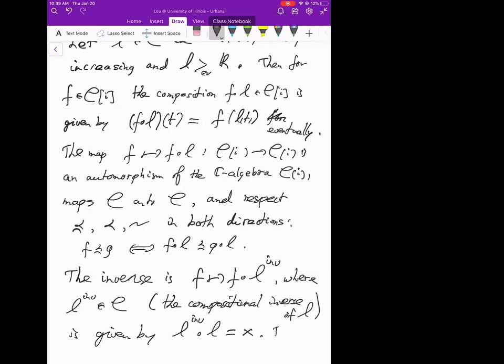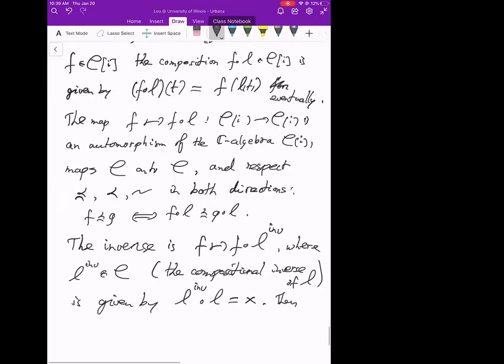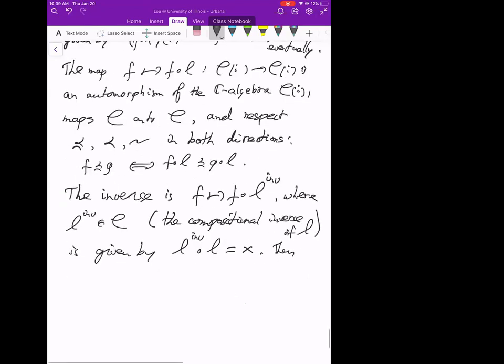And then L inverse is also eventually strictly increasing and bigger than every real number.